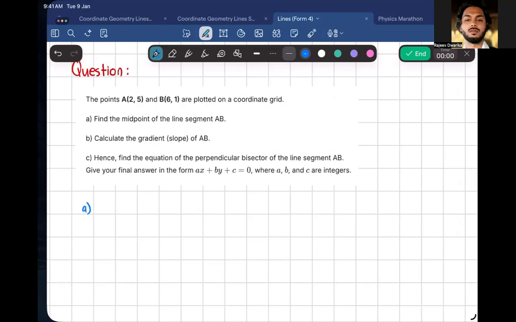They want us to find the midpoint of the line segment AB. So how do I find the midpoint? Okay, so the formula to find the midpoint is x1 plus x2 over 2, comma, y1 plus y2 over 2. Yep. So how am I going to get what x1, x2 and y1, y2 are?